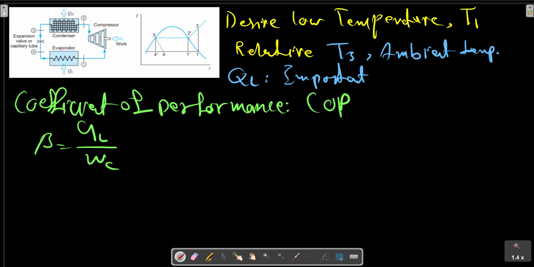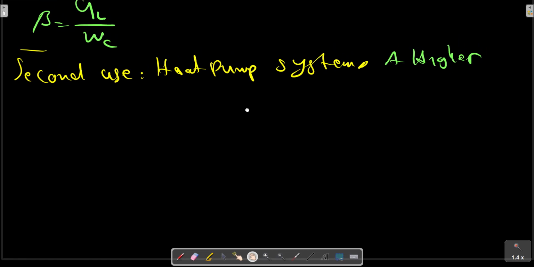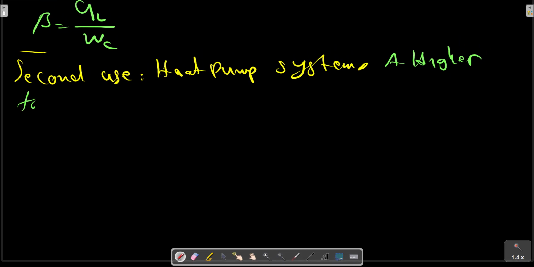The second use of this system described in the figure is as a heat pump system, in which a higher temperature is desired.